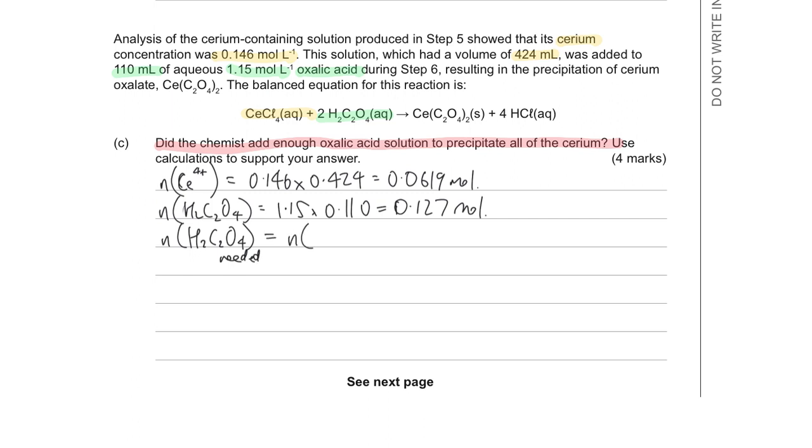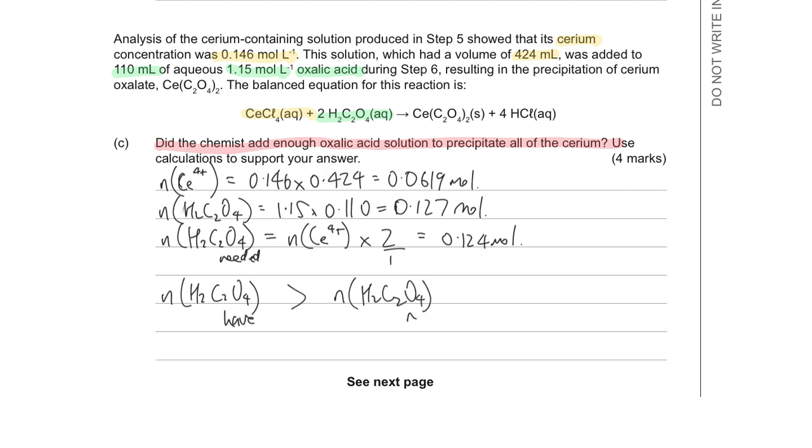From that will be equal to the number of moles of cerium times the molar ratio, which happens to be 2:1, which will be equal to 0.124 mole. So therefore, the number of moles of H2C2O4 I have is greater than the number of moles of H2C2O4 I need. And therefore, it is not the limiting reagent, and therefore a sufficient amount.